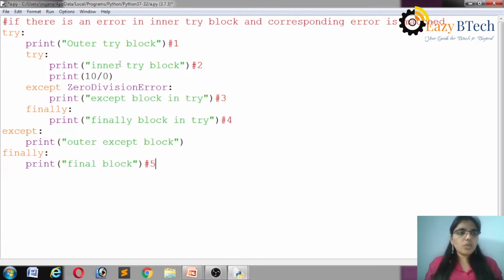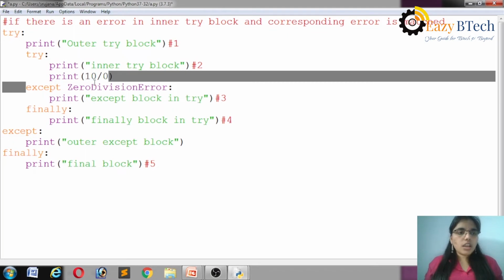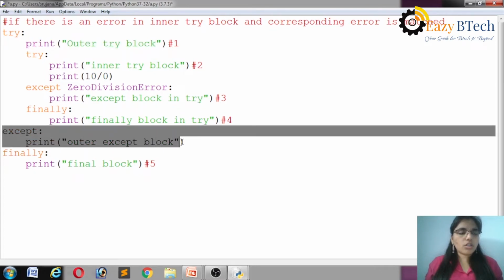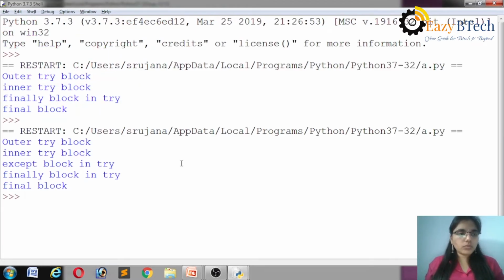Okay. The exception is raised in the inner try block, and automatically the exception is also handled. There is no exception in the outer try block, that's why the outer except block is not executed.